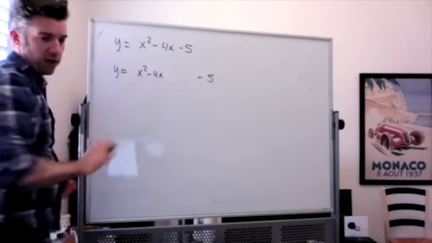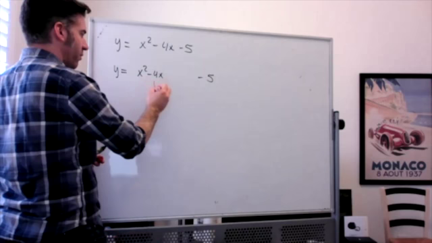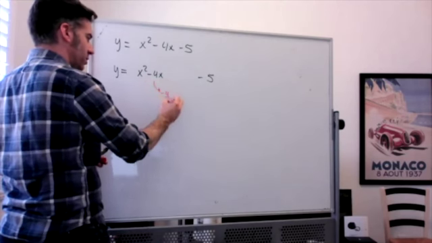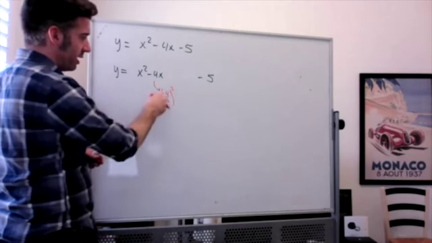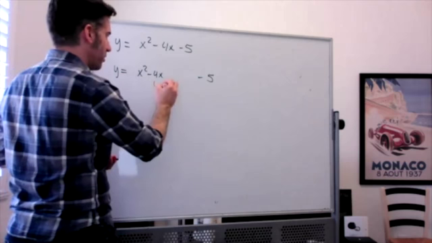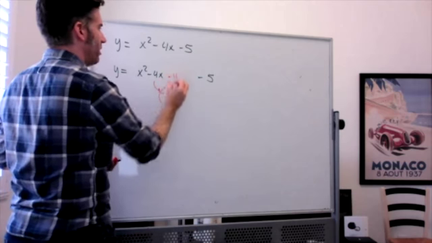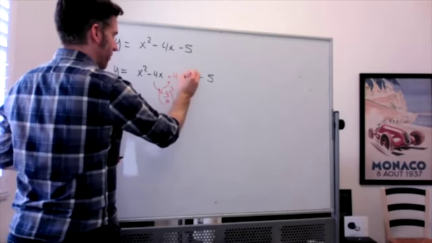To complete the square, I'm going to divide this negative 4 by 2, and then square it. So negative 4 over 2 is negative 2. Negative 2 squared is positive 4. I'm going to add that 4 in, but I can't just add 4. I'm also going to subtract that 4 off.